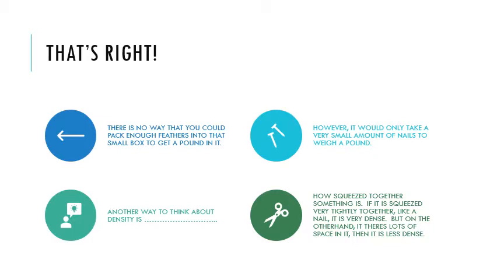However, it would only take a small amount of nails to weigh a pound. So you could get a pound of nails in that crayon box. Another way to think about it is how squeezed together something is. If it's squeezed together tightly, like a nail, it's very dense. But on the other hand, if there's lots of space in it, then it's less dense.